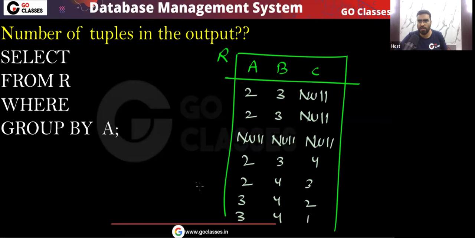I want to take some variations, so let's see what variations we can create on this table.